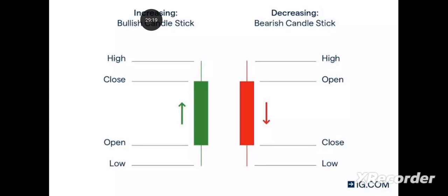Now, these are just elementary analysis, for newbies in the space. You can change the color of this candlestick to white, like mine, which is black and white. The white represents the buyers, the black represents the sellers. So you can change the color to anything, but for learning purposes, we are using green and red.